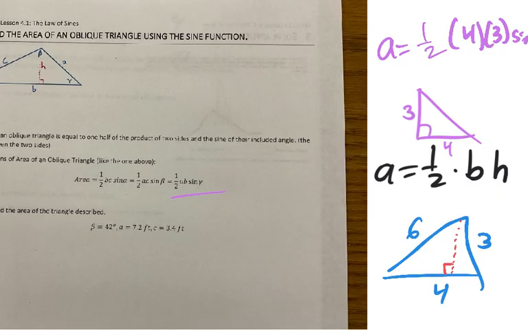What's the angle between them? 90. What's sine of 90? 1. Multiplying by 1 did nothing. So we didn't show you because it didn't matter. But it's always been there. Just was a 1 that was useless. But now you're old enough to know the truth. I'm just kidding. Don't go that route.